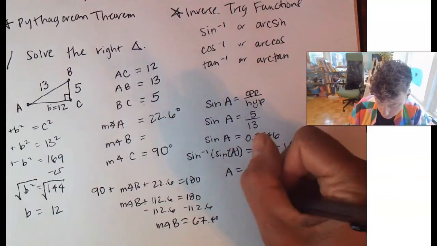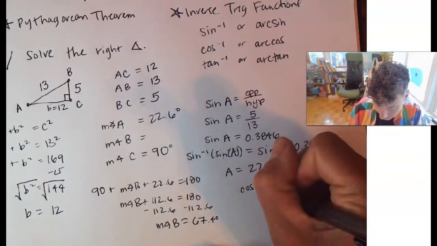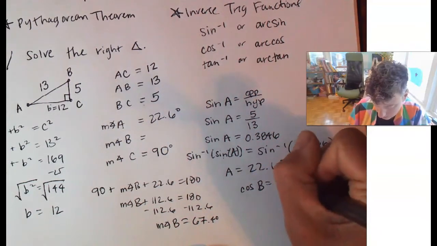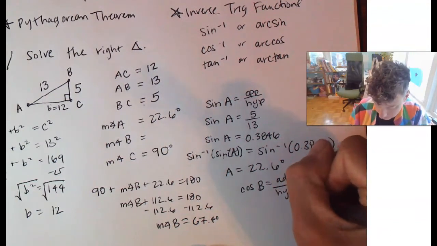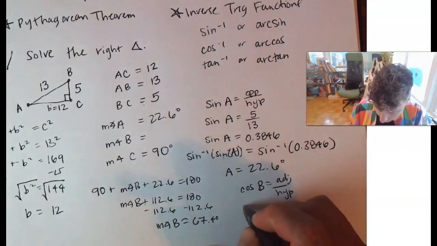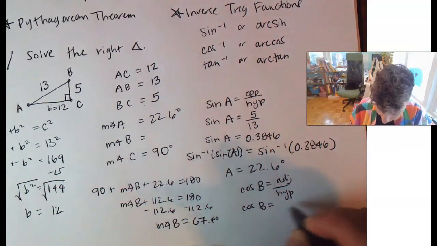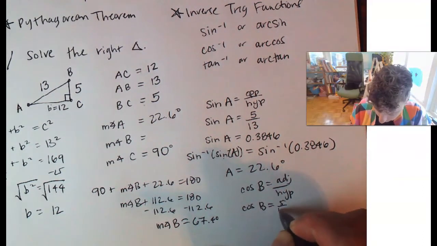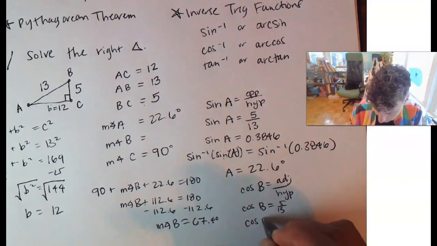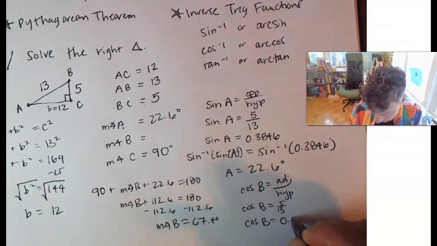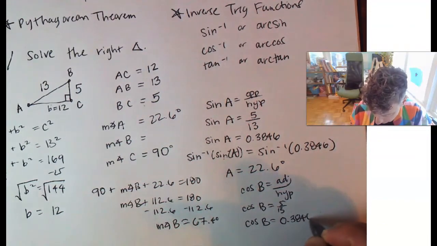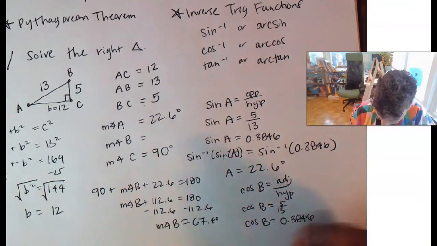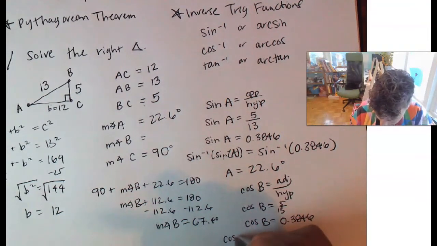So we know that the cosine of angle B is the adjacent over the hypotenuse. So the cosine of B is 5 over 13. So the cosine of B is that same decimal. And then we take the inverse cosine of both sides to get B by itself.